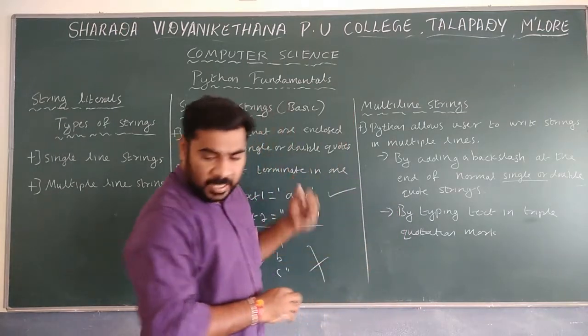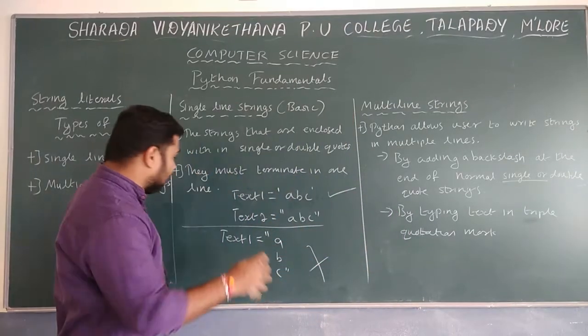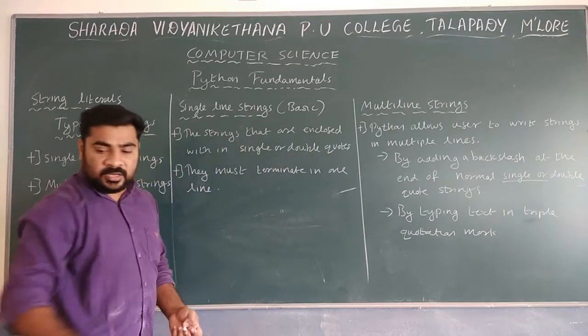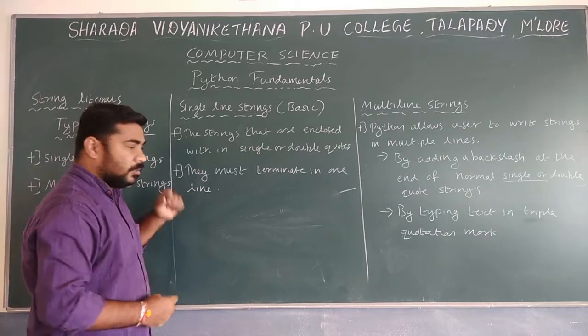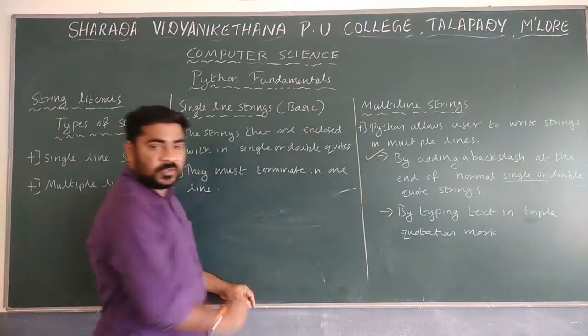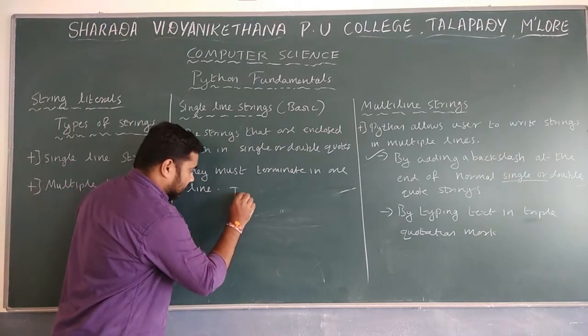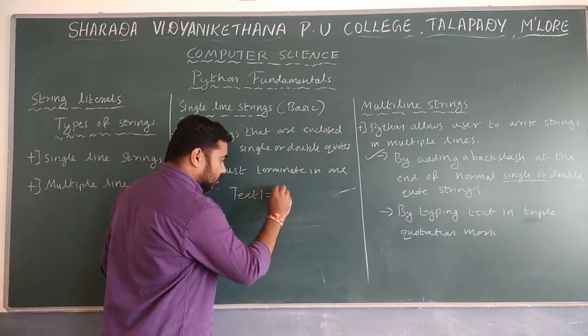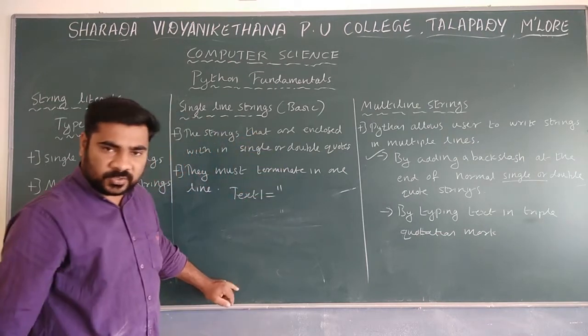Whenever you are going to write like that, how can you write it? Here I will write one example. Text1 equal to double quote or single quote, both are possible.